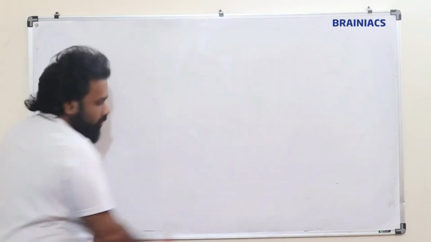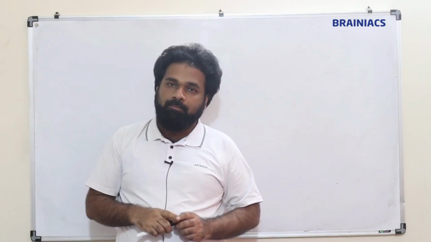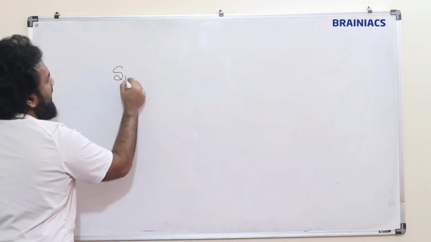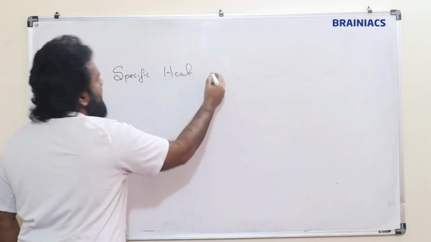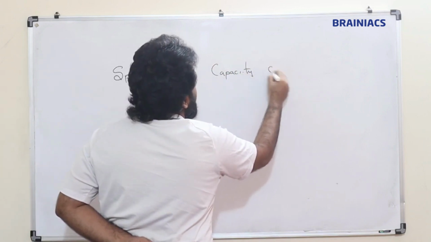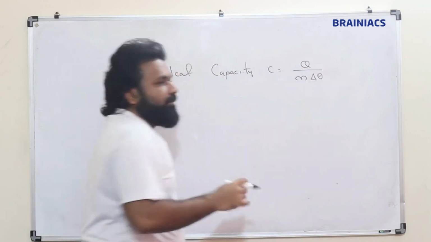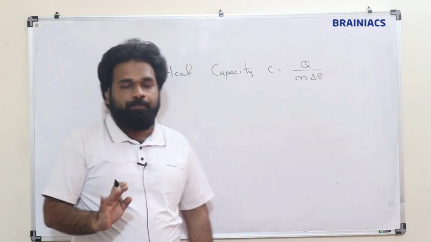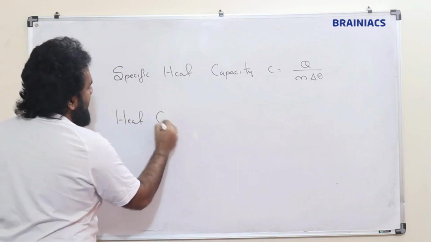Specific heat capacity is for 1 gram. C is equal to the heat required for 1 gram per unit degree change in temperature. There is a slight difference between specific heat capacity and heat capacity.